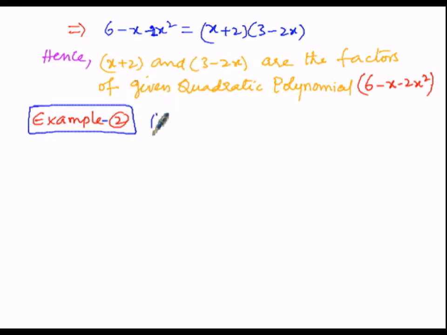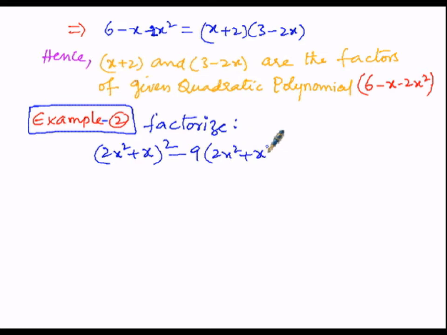So here, factorize 2x square plus x whole square minus 9 into 2x square plus x plus 18.